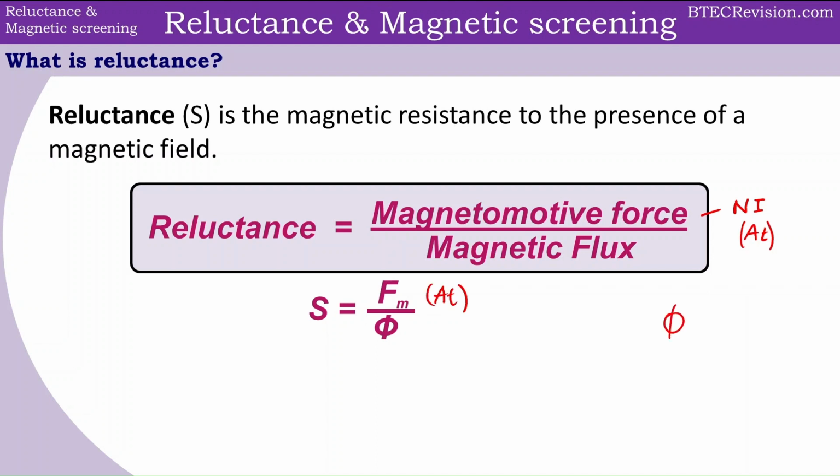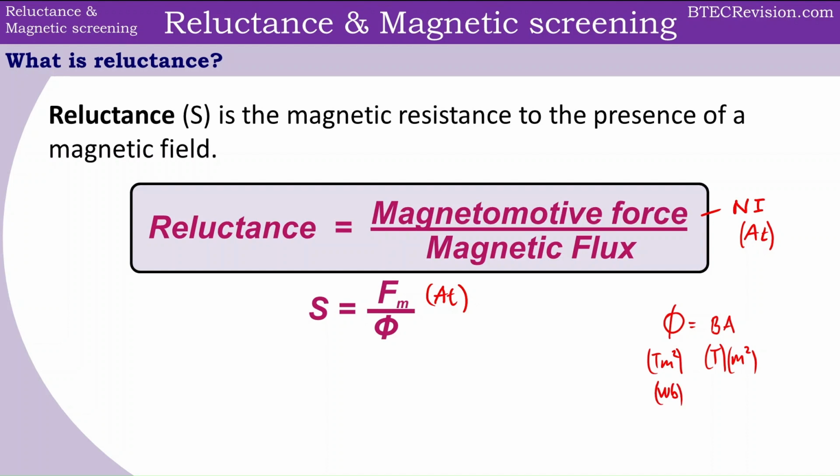And if you remember, magnetic flux is equal to BA, that's magnetic flux density times area, and B is measured in Teslas, A is measured in meters squared. So magnetic flux is Tesla meters squared. And it also has a special unit called Webers, WB for short.